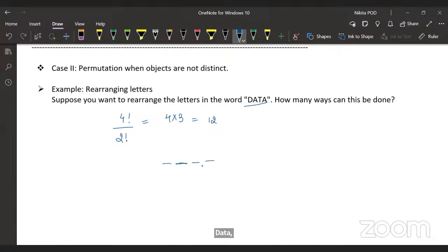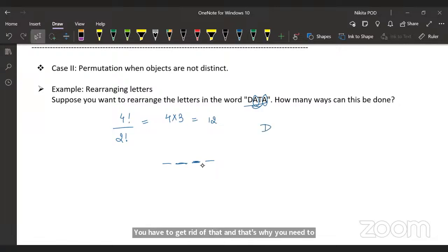DATA, right? You see that A is occurring twice. So when you write all the possibilities, since A is appearing twice, whatever you do, it will just get multiplied by 2. So you need to get rid of that, and that's why you need to divide by 2 factorial here.